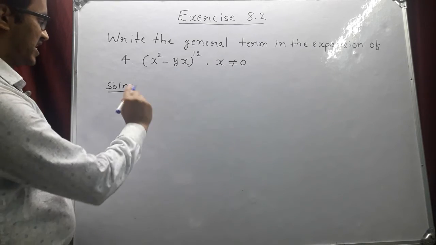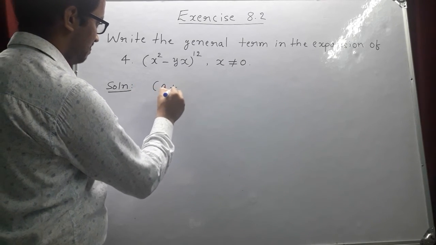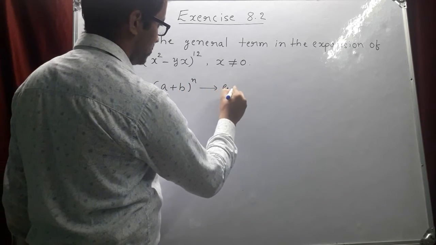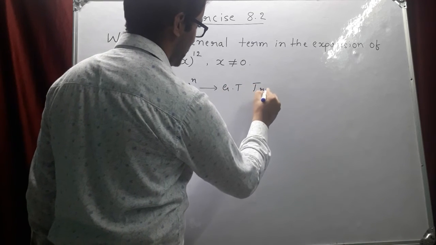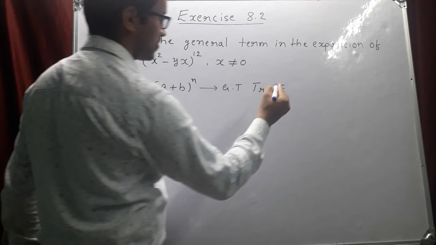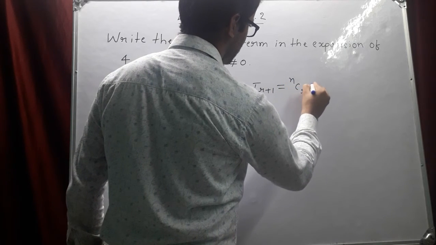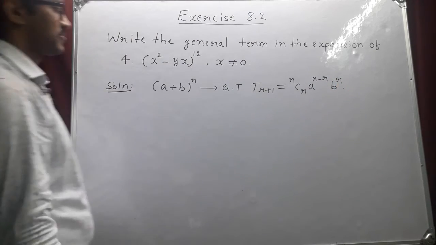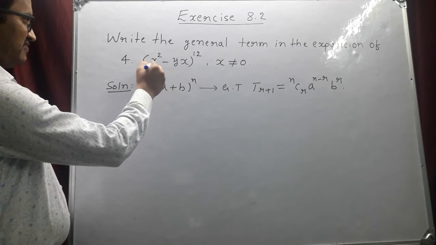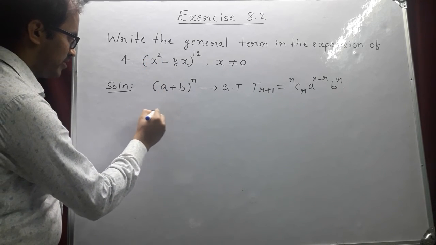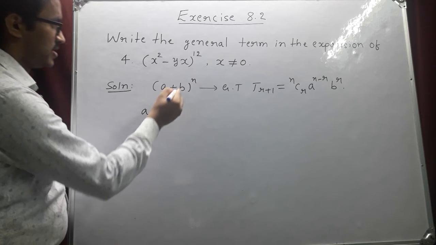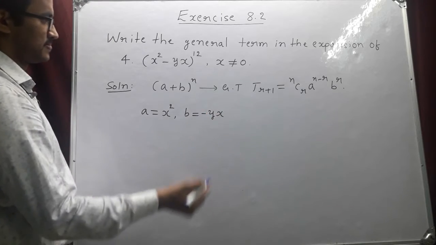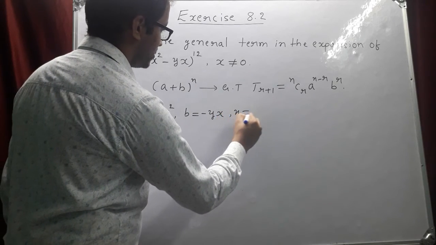We know that the general term in the expansion (a + b)ⁿ is T_(r+1) = nCr aⁿ⁻ʳ bʳ. Here, comparing, a value is x², b value is −yx, and n value is 12.